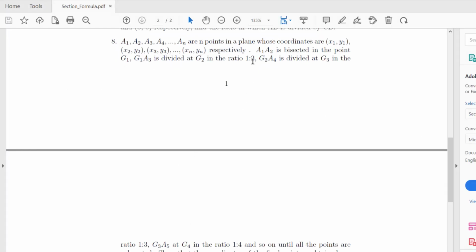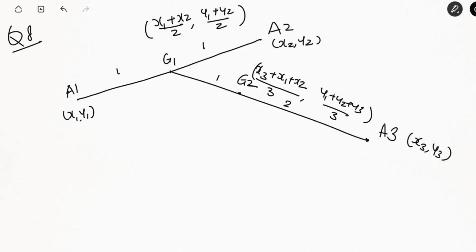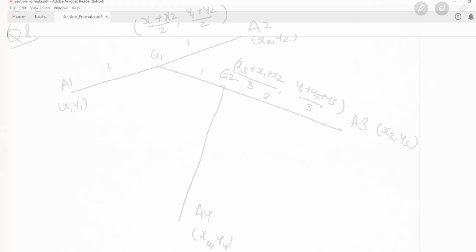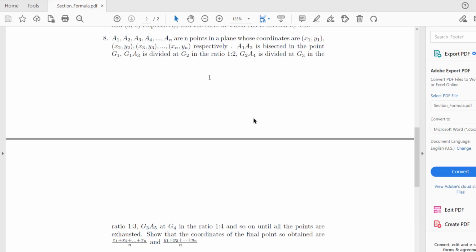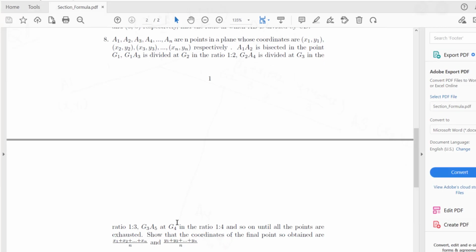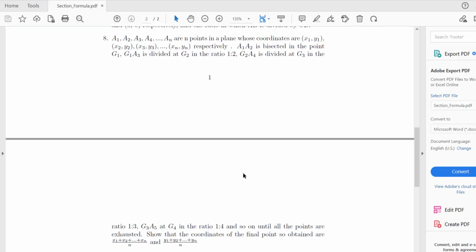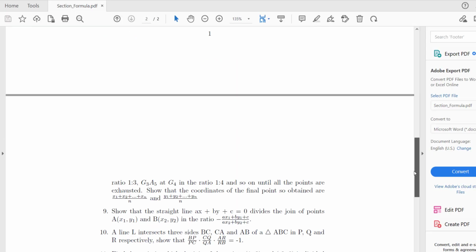Next it says G2 A4. A4 is, let's say, somewhere here. A4 is x4, y4. G2 A4 is divided at G3 in the ratio 1:3. Why are we getting the coordinates? Because we have to ultimately prove at the end.